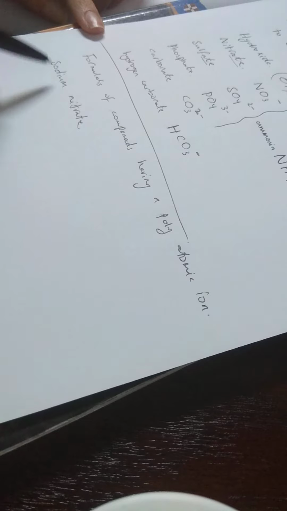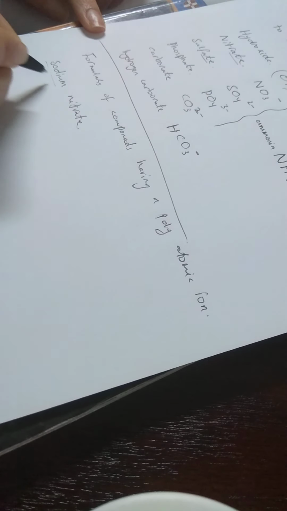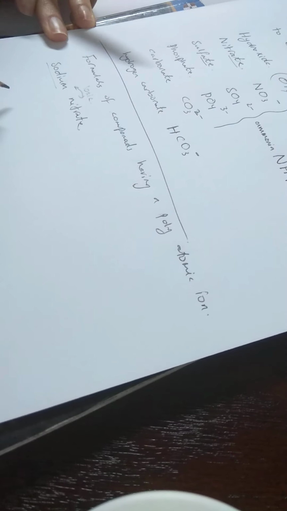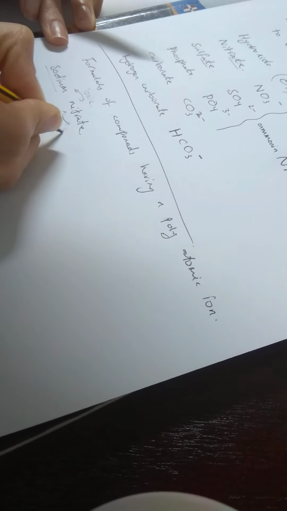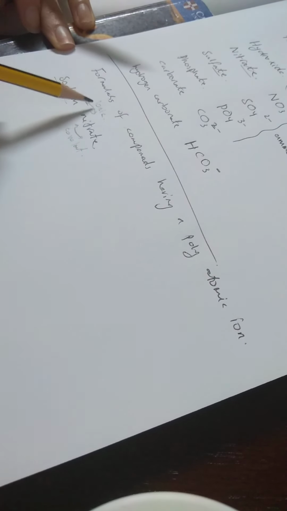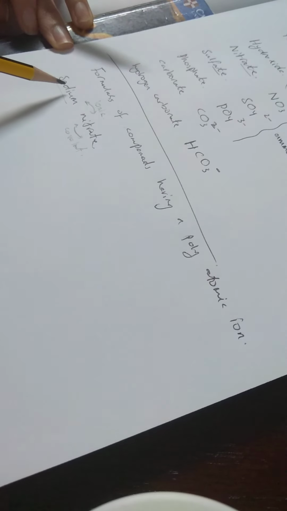When this polyatomic ion is bonded to another element, especially here where we have a metal and a non-metal, the bond between them is an ionic bond. And between the nitrate itself, it's a covalent bond. So I have two types of bonds. I have the covalent bond inside the nitrate itself and an ionic bond between the nitrate and the sodium.